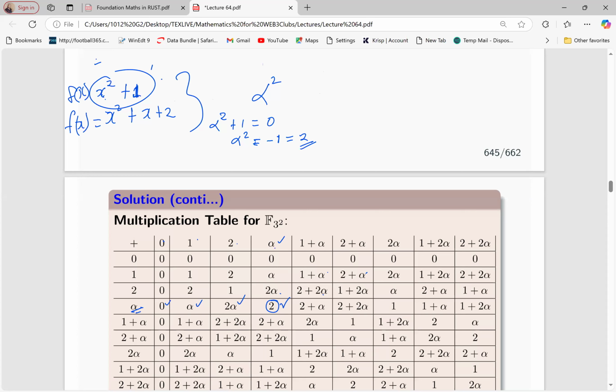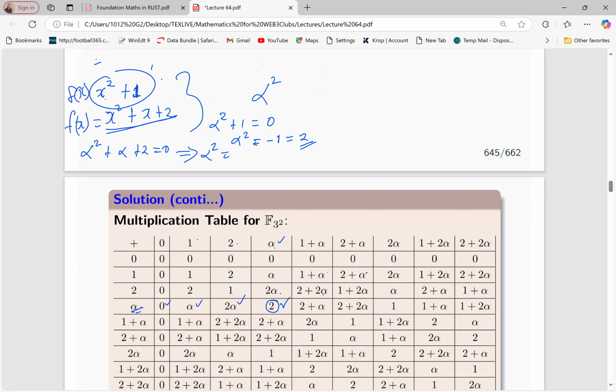Okay. What about if you had to use this? If you had to use this, then alpha square plus alpha plus 2 will give you 0. So what then is alpha square?